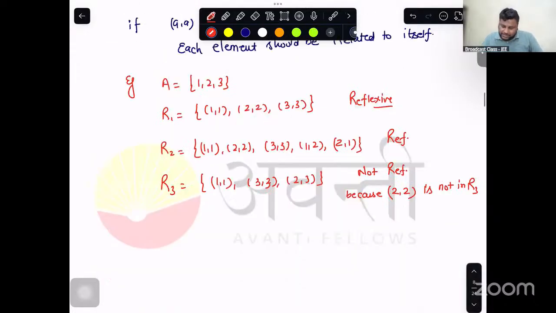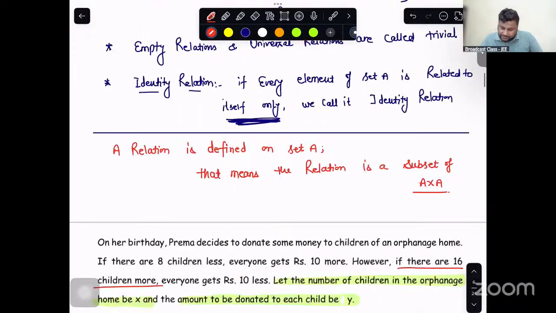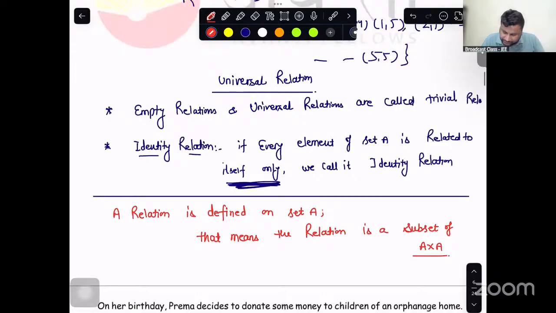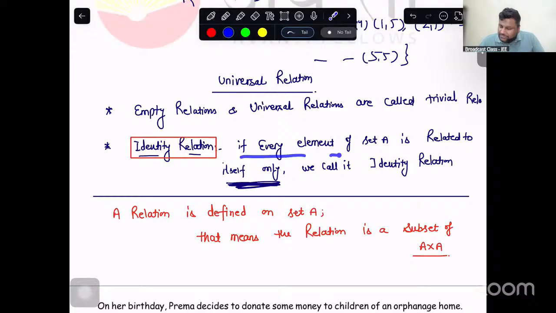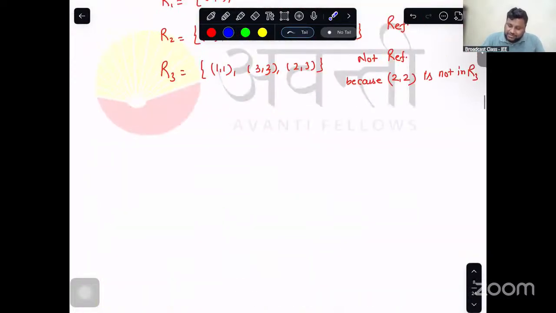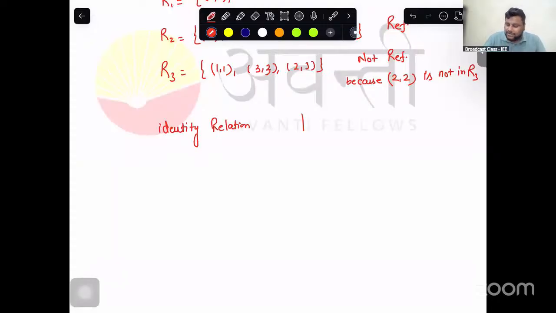Now, if you remember, yesterday I taught you something that is identity relation. If every element of set A is related to itself only, we call it identity relation. Now tell me, what is the difference between identity relation and reflexive relation?